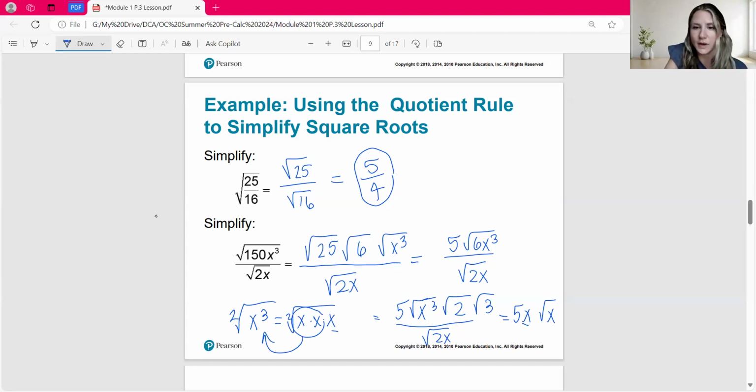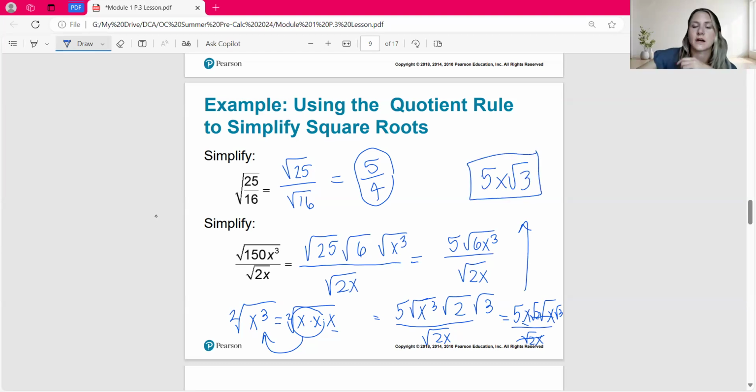And I also have the square root of 2 here over the square root of 2x. Now I can cancel, oh, and I still have the square root of 3. So then we can cancel the square root of 2x with the square root of 2x. And so we're left with, in the numerator, 5x square root 3. Lots of steps there to simplify.